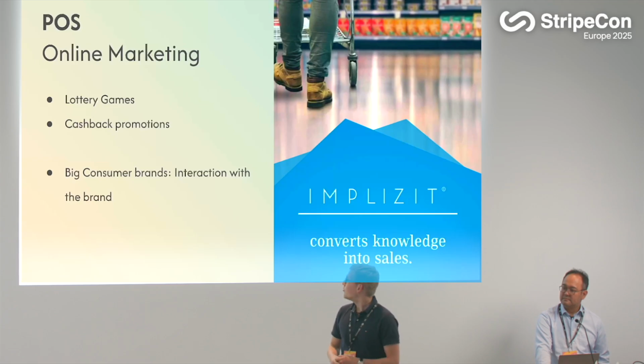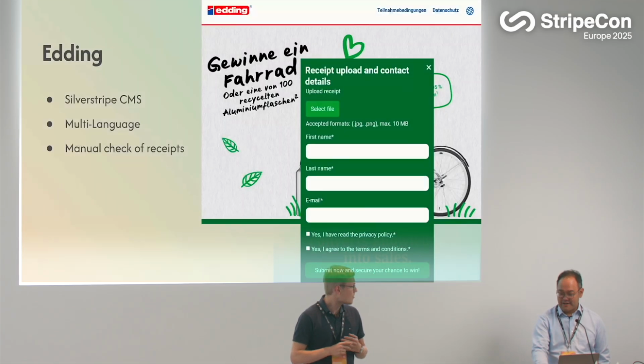In our cases that's with lottery games or cashback promotions, which all are running with Silverstripe with us. So big consumer brands use Silverstripe with us. And we have 2 examples here. We asked and we are allowed to show them.